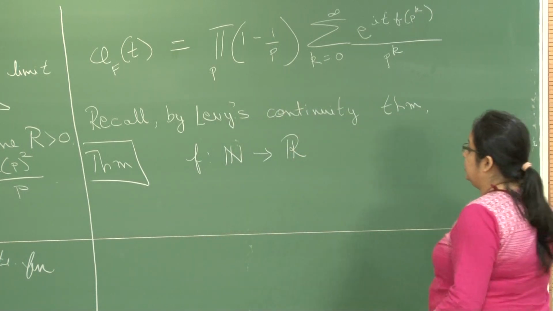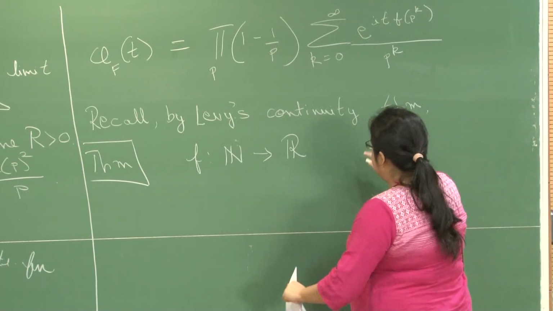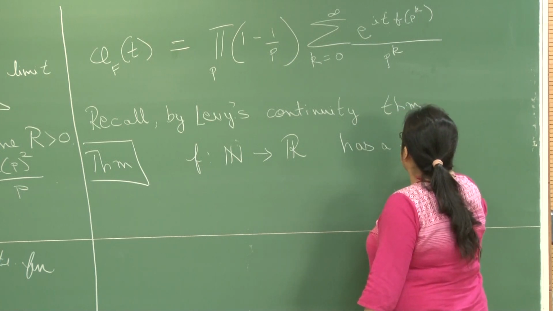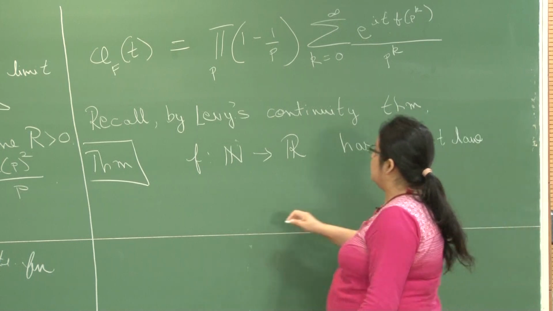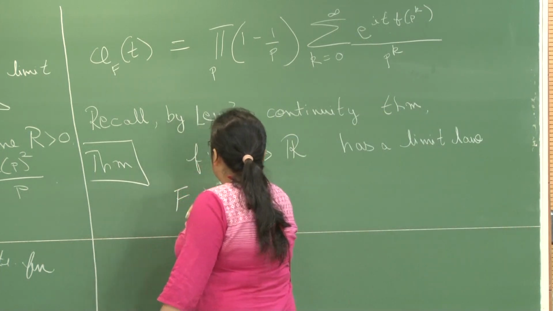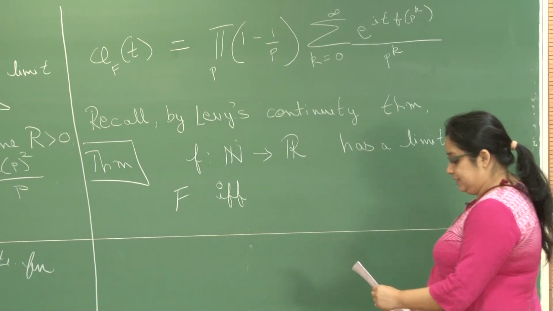Okay. So, a real valued arithmetic function has a limit law capital F, if and only if the following sequence of functions converges. And what is this sequence?